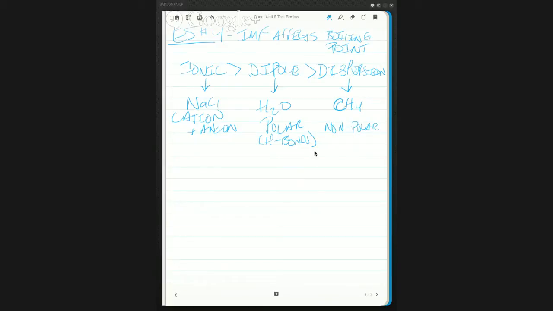Or, a better one would be the alcohol propanol, CH3, CH2, CH2OH. The OH at the end makes it a little bit polar, but the rest really makes it non-polar. So you need to understand those differences in the strengths of those bonds.